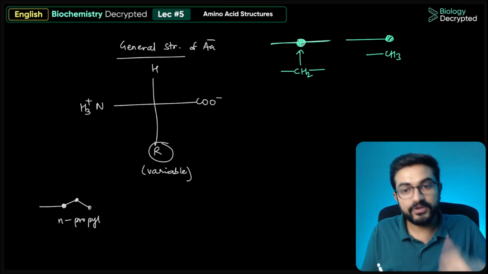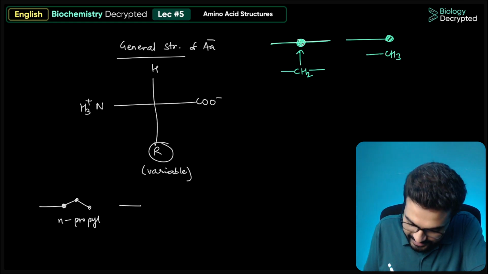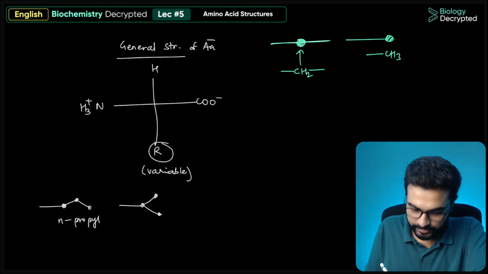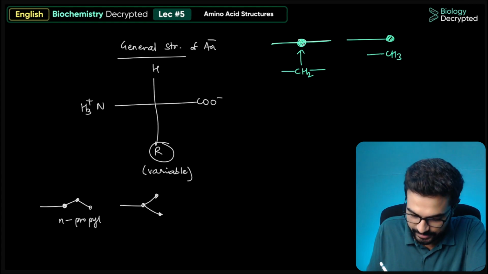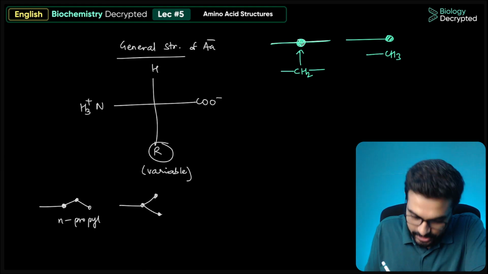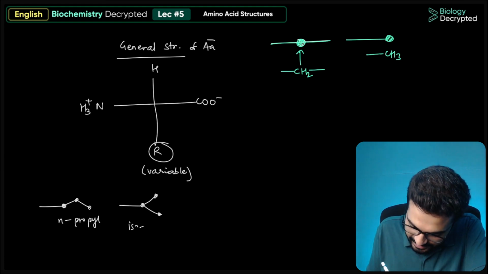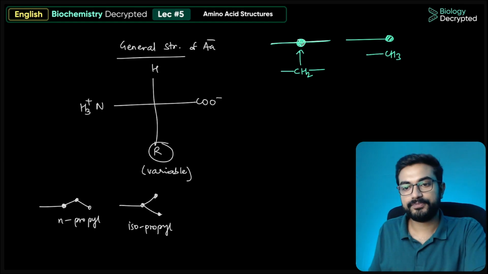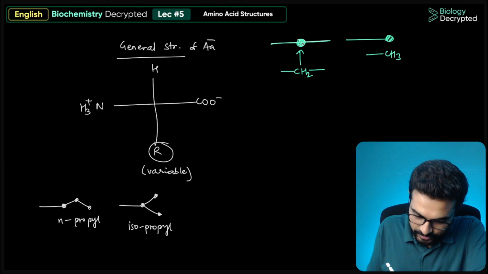Now, if we move forward, this is an example of an isopropyl group. These are all carbons. So this is the isopropyl group.